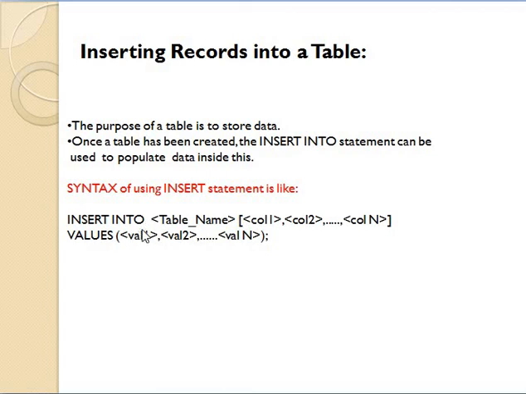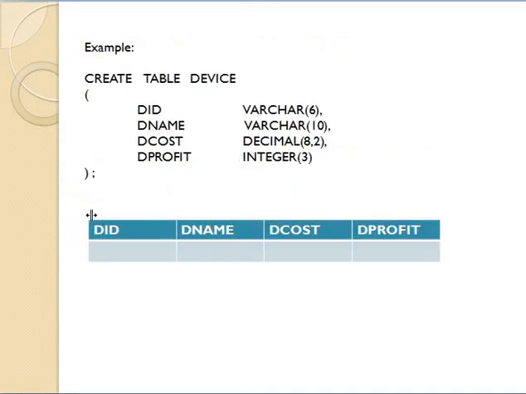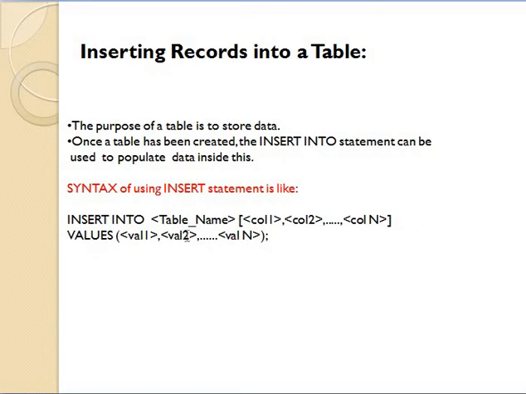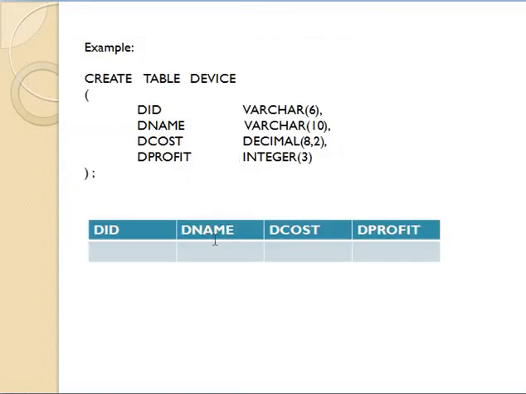Now here the val1 will represent the value for the first column in the table, which is DID. That value for val1 will come over here. Similarly, val2 will represent the value for the second column of the table, that is DNAME, and it will be shown here.